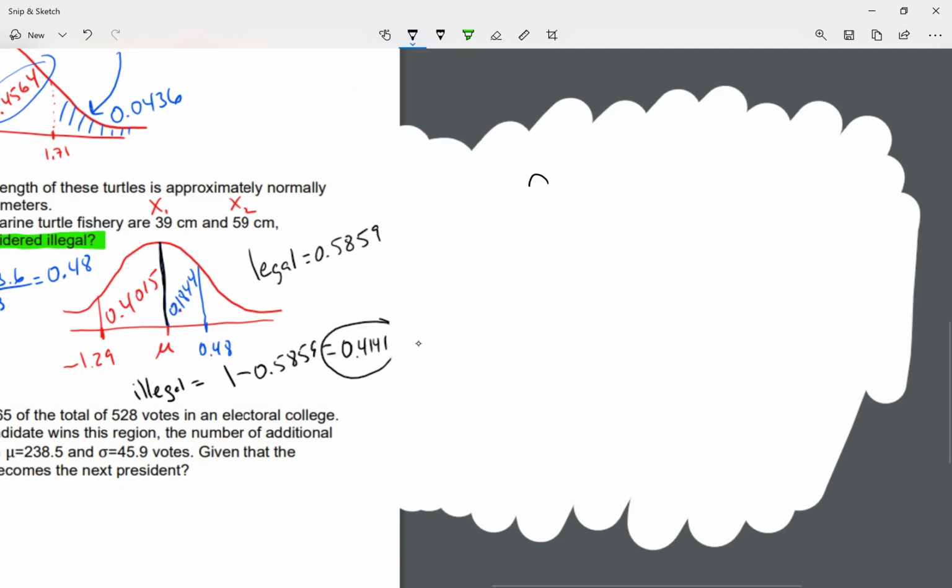So I said I wanted 97%, right? Because I wanted legally to be 97%, so illegal 3% of the fishes. And then we found out a C-score. According to my percentage, we found out that it was 1.88. Okay. Now, what's the biggest size fish that I can choose? I never said anything about the smallest size of fishes that I can choose. I just said, what's the biggest?